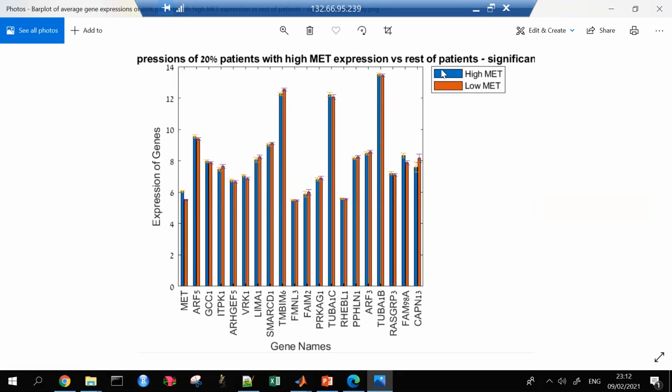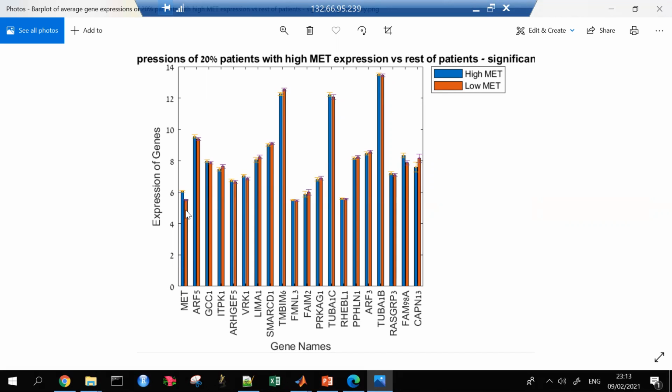As you can see, in the blue group, which is the group of patients with high MET, the average expression of MET is this value, and the average expression of the group with the low, or the rest of the patients, is lower.